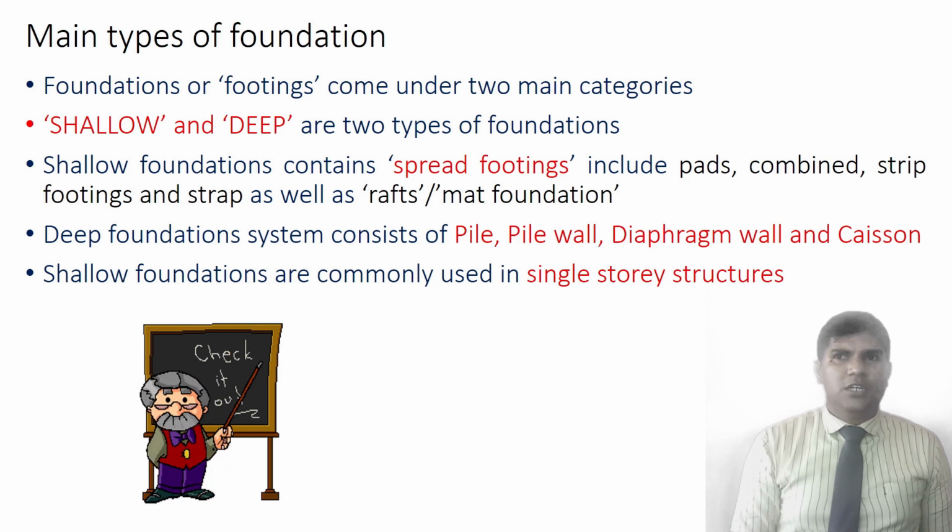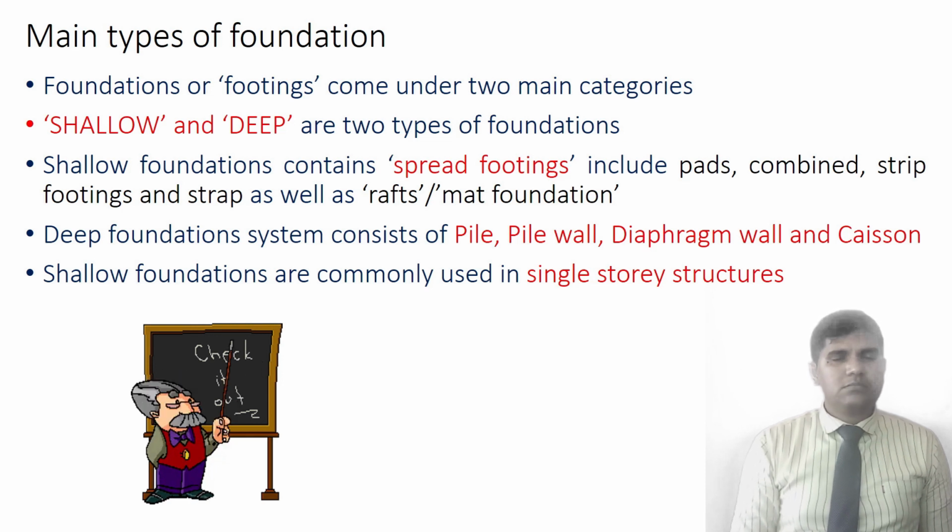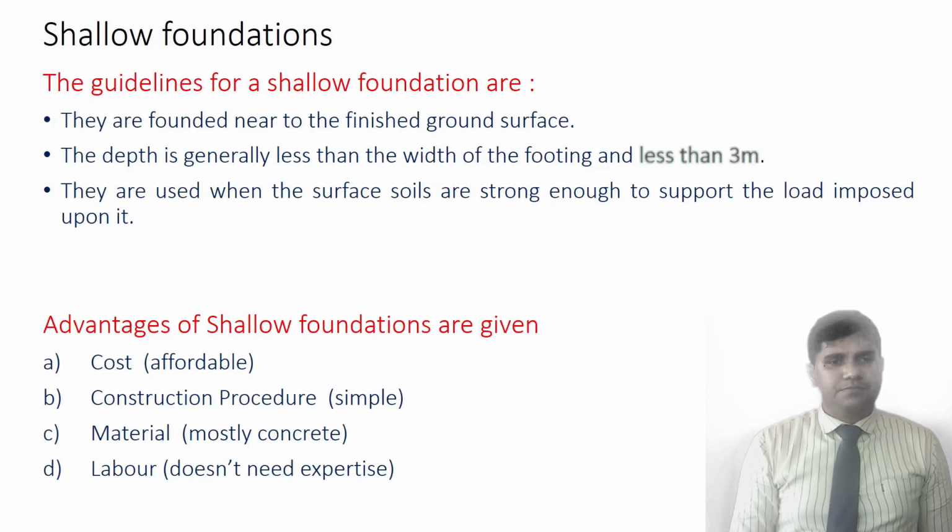The raft foundation is also taken as a spread footing or shallow foundation. The other one is deep foundation, especially where we use pile walls and diaphragm walls. In shallow foundation construction, commonly the foundation depth is less than 3 meters.